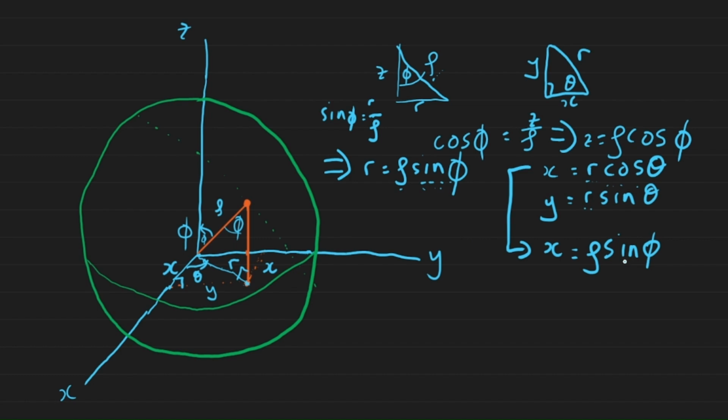So r is equal to rho sine phi, and then lastly cos theta. Then we would do y. So y is equal to r. So we write rho sine phi and sine theta.